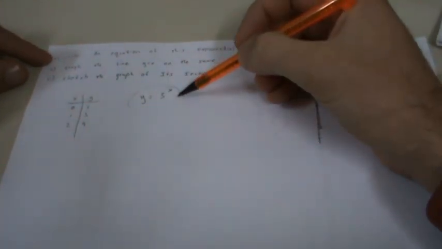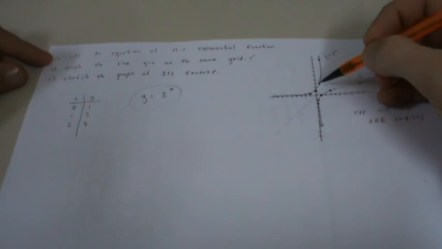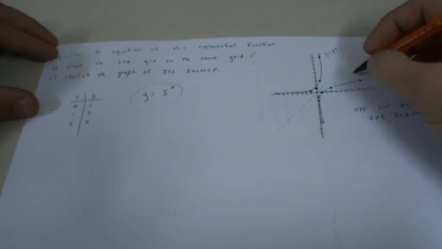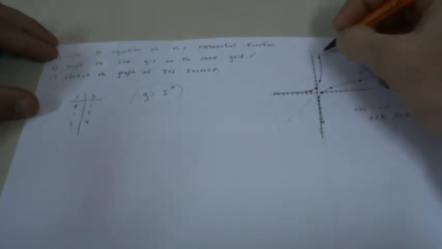Okay, but as far as answering this question is concerned, we wrote an equation because we just tried to figure out what type it was going to be. Then we graphed the inverse by reflecting it around the y equals x line. Okay, and there you have it. That one's a simple one there.